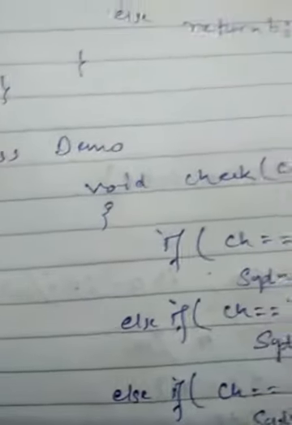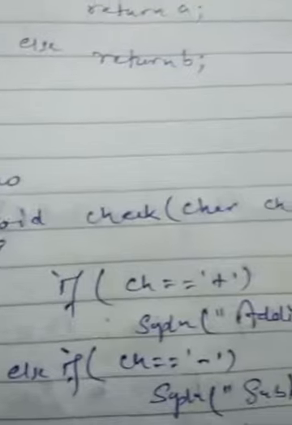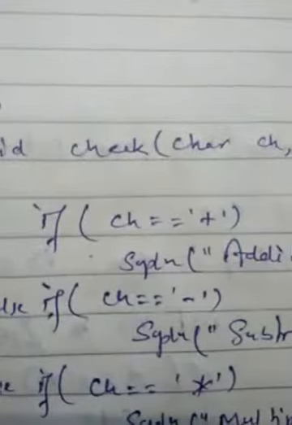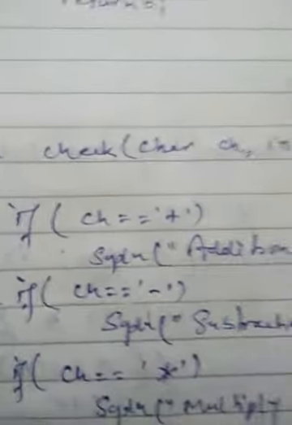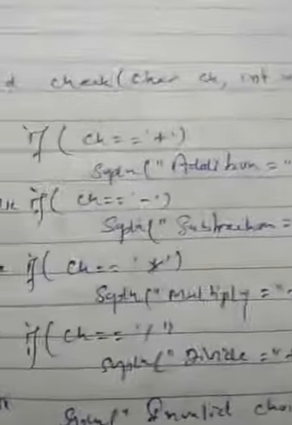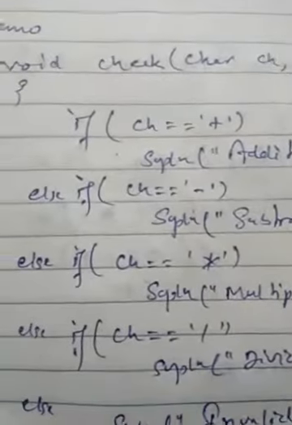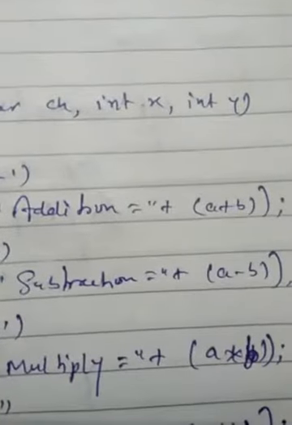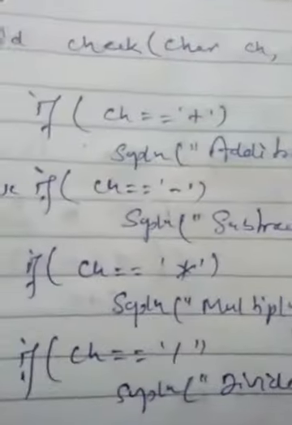Class demo, void check, character ch, integer x comma integer y. If ch is equal to plus, then we are performing the addition a plus b. Else if ch is equal to minus, then subtract, a minus b.